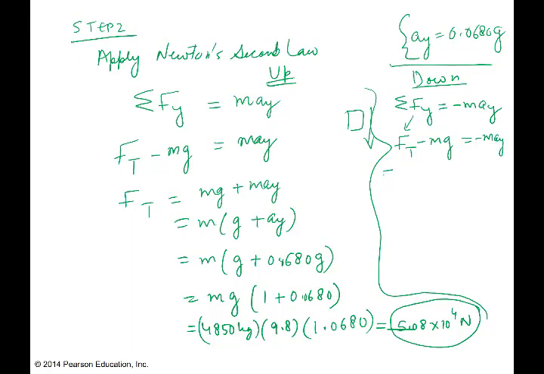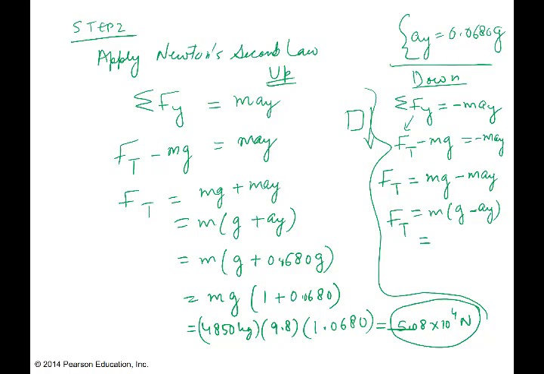But now we'll rearrange the terms again. Adding mg on both sides, we have mg minus may, where we take m common, and m times g minus ay is equivalent to Ft.